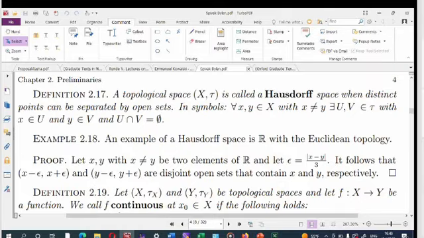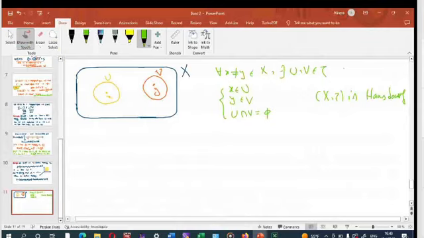Example: Euclidean topology in R is Hausdorff. Let me write.